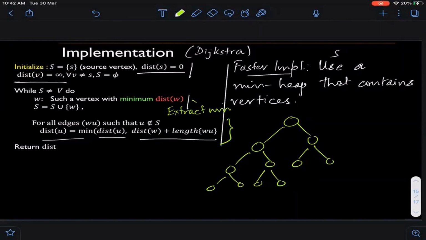Now one problem here is that, remember, when I have included the vertex W to the set S, I am adjusting the labels of a few vertices, especially those whose endpoints are crossing the cut. I'm looking at the edges that are newly crossing the cut, and I'm potentially updating the distance labels of the other endpoints.